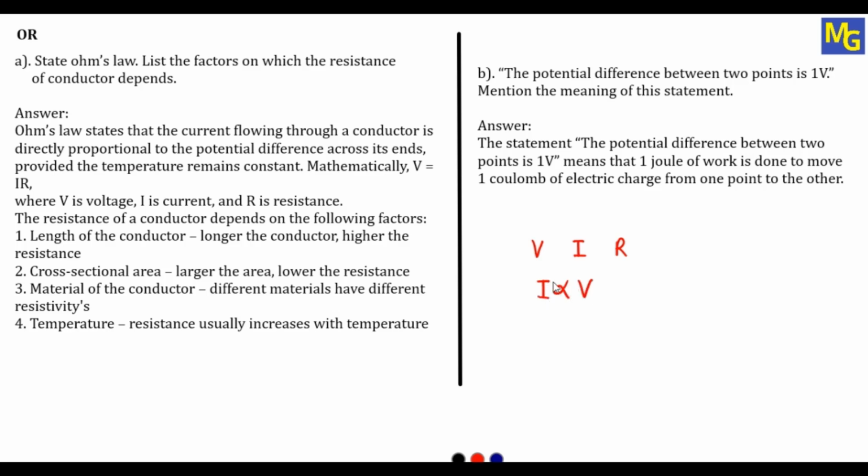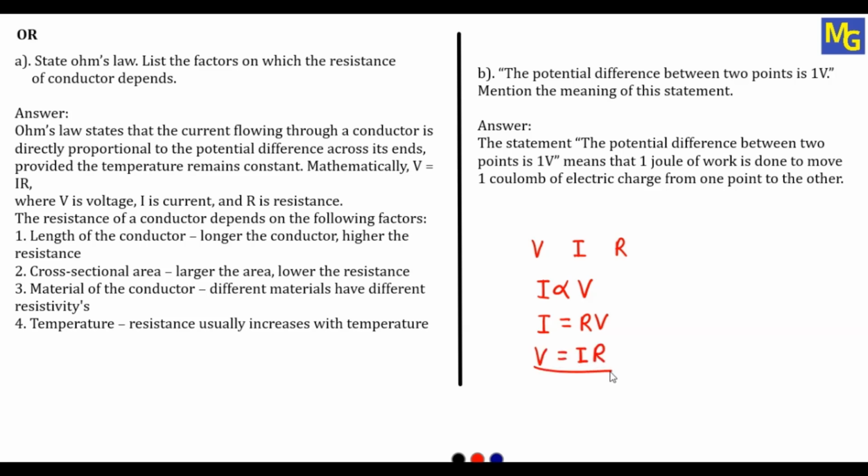Mathematically, it is given as V equals IR. Here V is the voltage, that is the potential difference, I is the current, and R is the resistance, which is constant. To remove the proportionality sign, we use a constant, and that is called R. So the formula will be I equals V by R, or V equals IR.